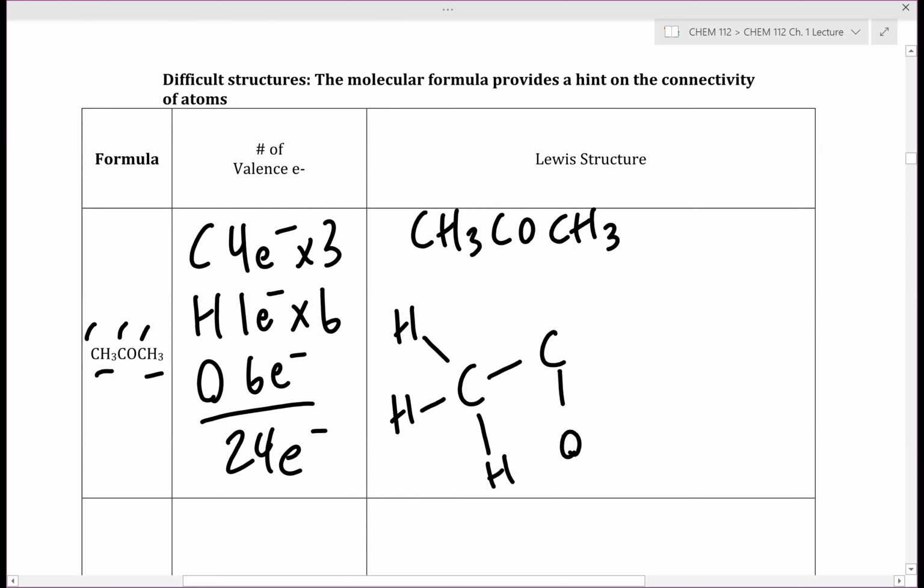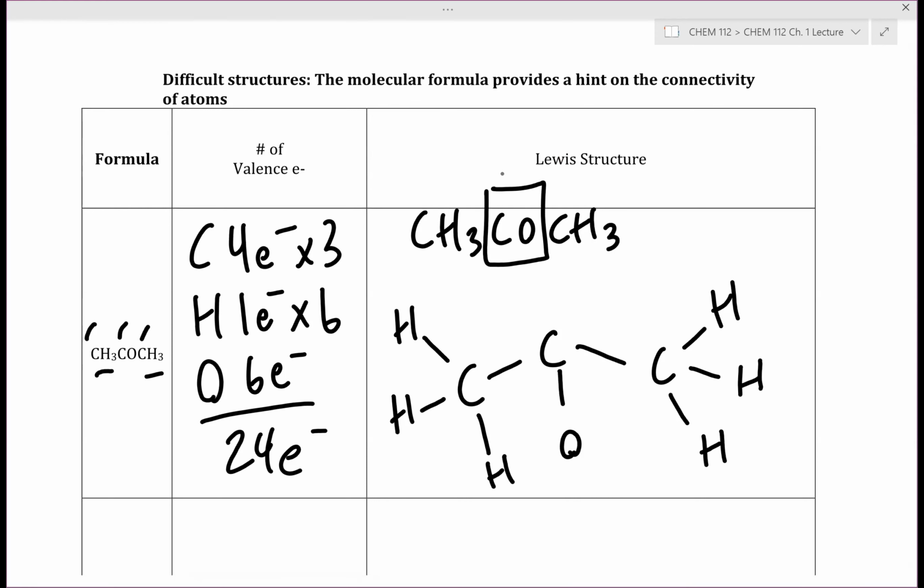And then what is also bonded to that carbon? Yep, so another carbon with 3 hydrogens. Just as a side note, this CO noted in the chemical formula is known as a functional group, which we'll discuss in more detail later in this chapter. As we'll see, it corresponds to a unique arrangement of bonds. So this is our skeleton.